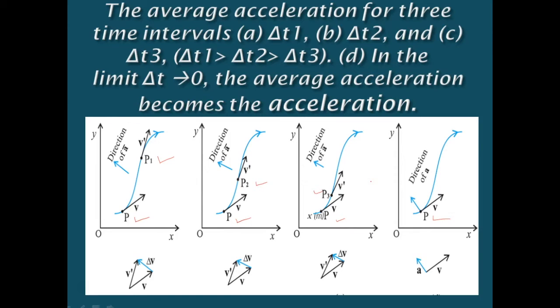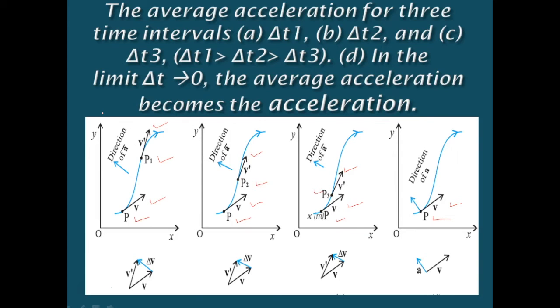The velocity vectors at points p, p1, p2, p3 are also shown in the figure. In this case of delta t, delta v is obtained using the triangle law of vector addition.